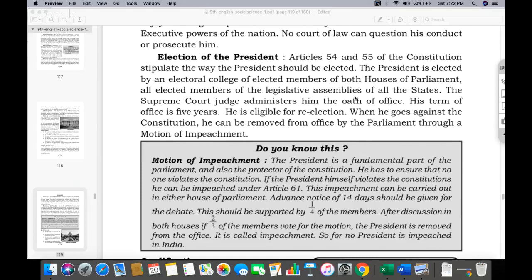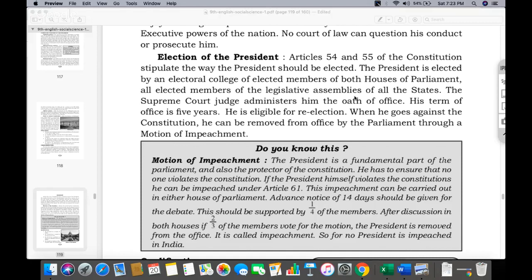It is generally the Chief Justice of the Supreme Court who administers the oath of the President. If the Chief Justice is not available, then the senior-most judge of the Supreme Court will administer the oath. His term of office is 5 years. He is eligible for re-election.